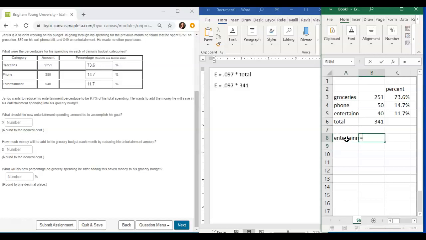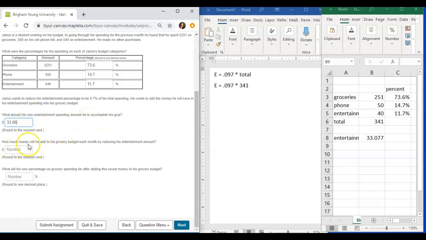So we calculate equals 0.097 times, and here I will cell reference, one left click, press enter, and that gives us 33.0 and rounded to the nearest penny makes it 8 cents. And yes, it wants us to round to the nearest penny. So 33.08 for the new entertainment spending.